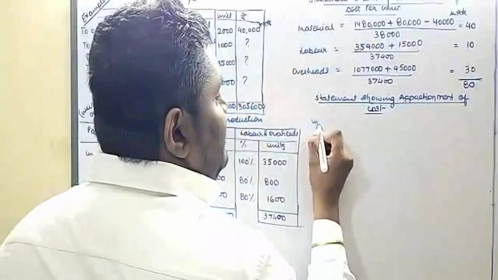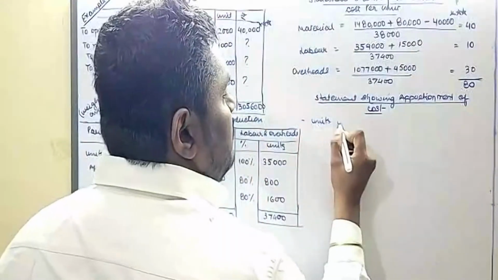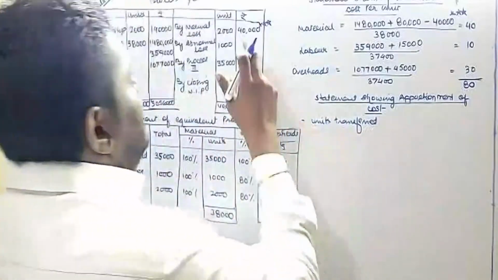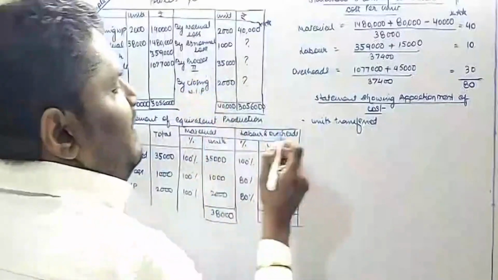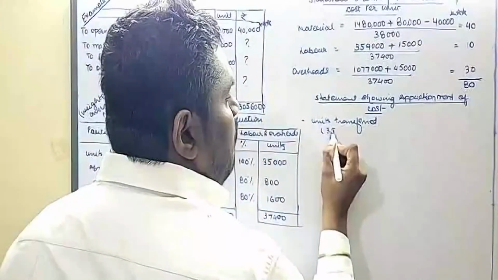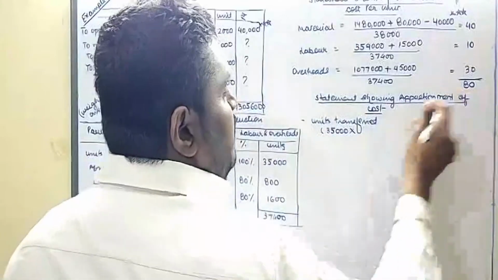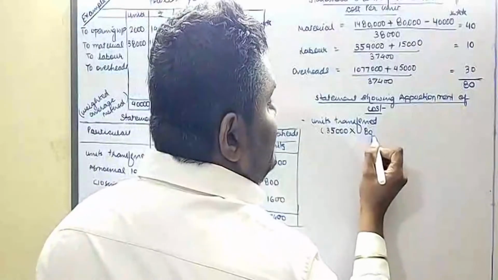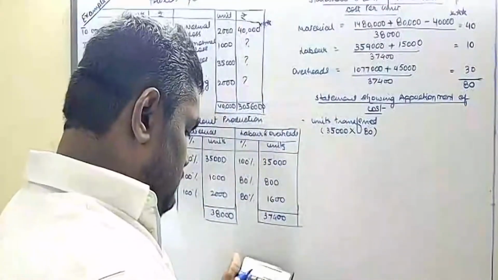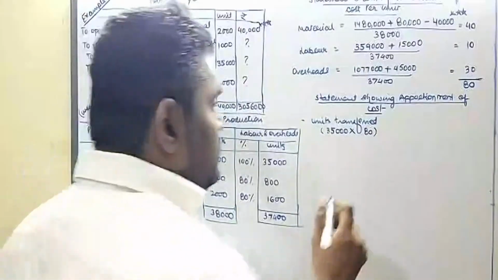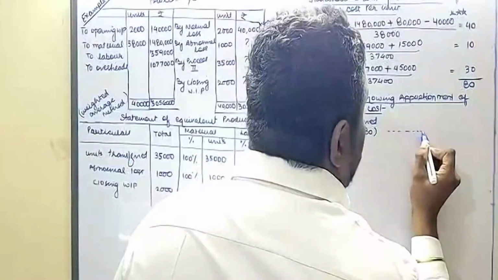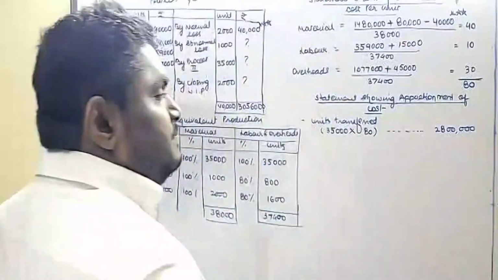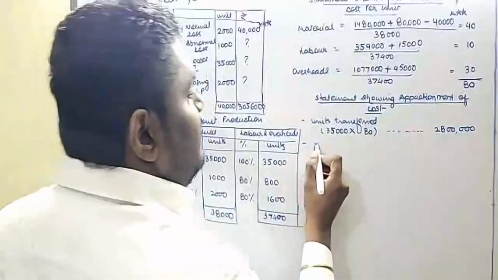Wherein talking about the units transferred, the total units transferred are 35,000, and the cost per unit is rupees 80. So this will be 28 lakh. The next is closing work in progress.